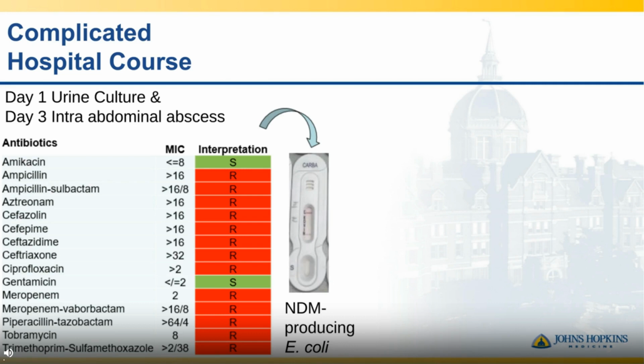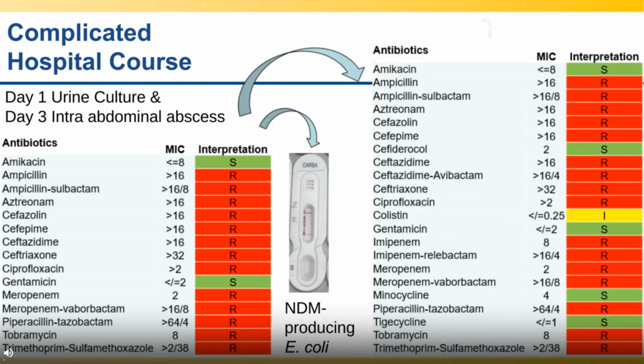When we see these complex or multi-drug resistant phenotypes in the lab, we then start to release additional agents or cascade report additional agents on our panels, as well as set up additional antimicrobial susceptibility testing to try to guide therapy. And in this case, this isolate was also resistant to the novel beta-lactam, beta-lactamase inhibitors like ceftazidime-avibactam, meropenem-vaborbactam, and imipenem-relebactam, all consistent with this being an NDM-producing E. coli.